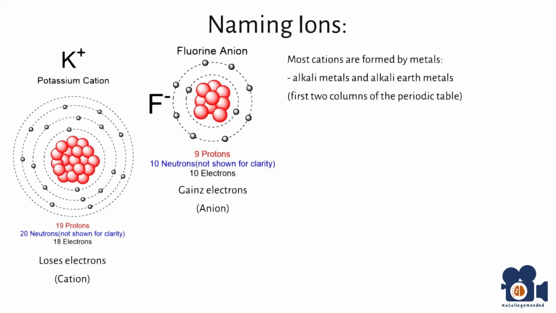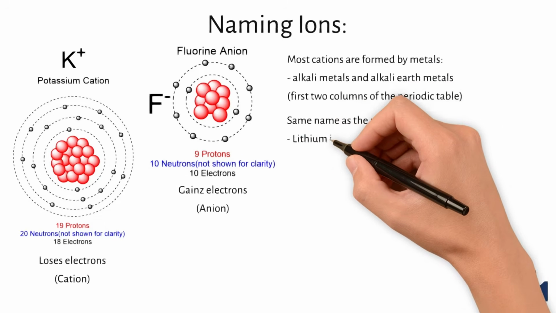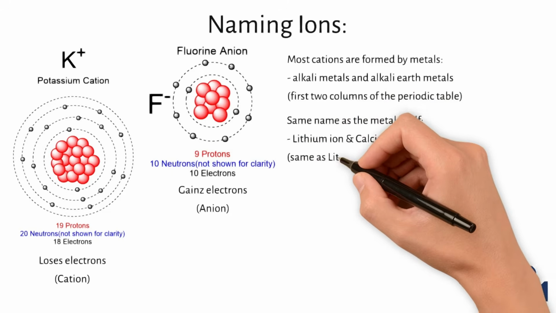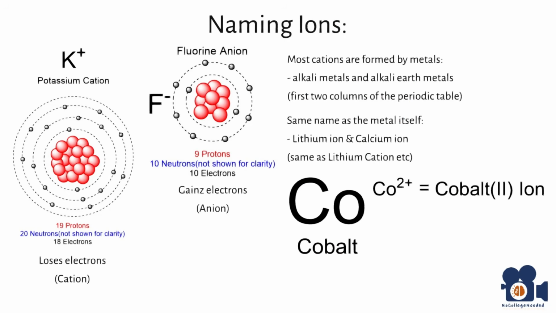Cations formed from the metals typically have the same name as the metal itself, such as the lithium ion or the calcium ion. However, some metals can form multiple types of ions with different charges. In such cases, the metal name is retained, but Roman numerals are added to indicate the positive charge. For example, Co2+ is called the cobalt-2 ion, and Co3+ is called the cobalt-3 ion.